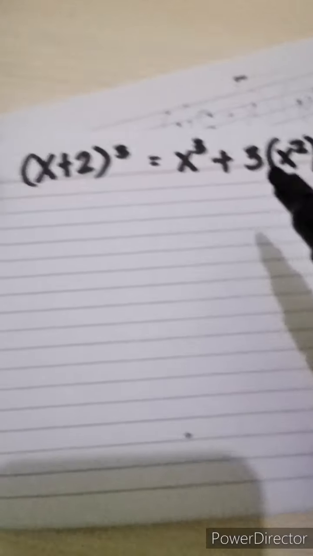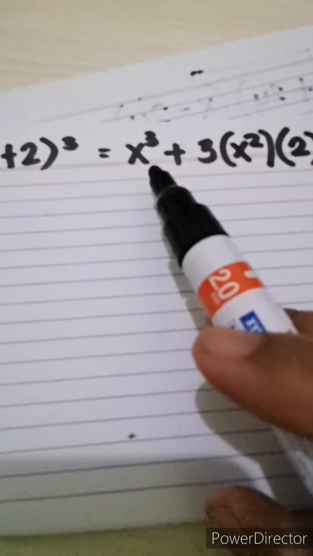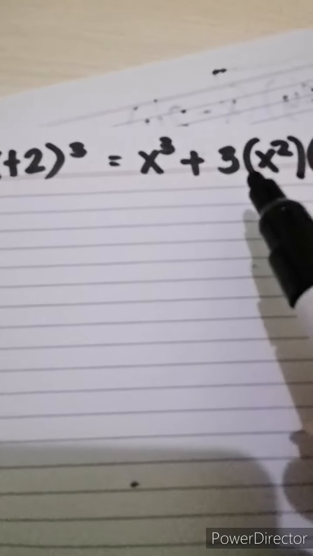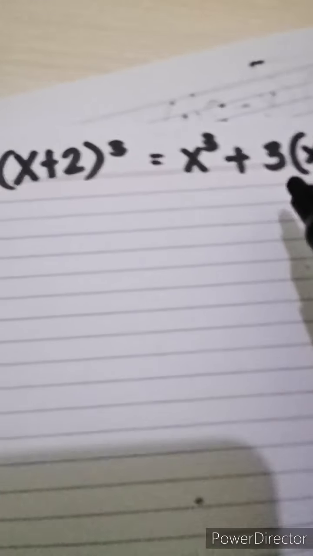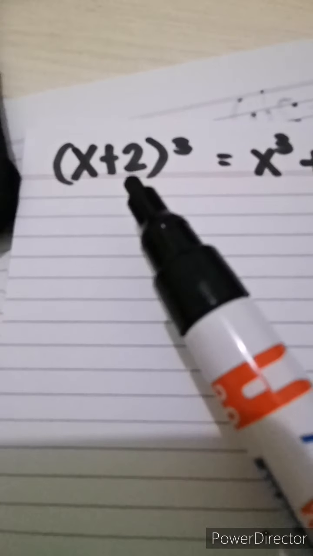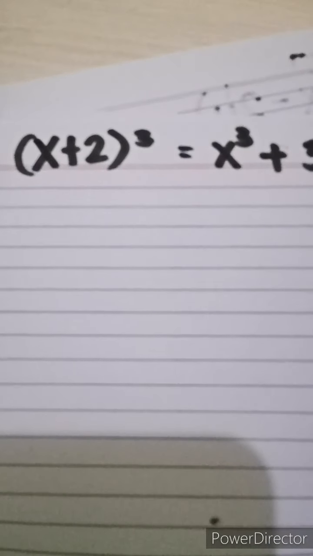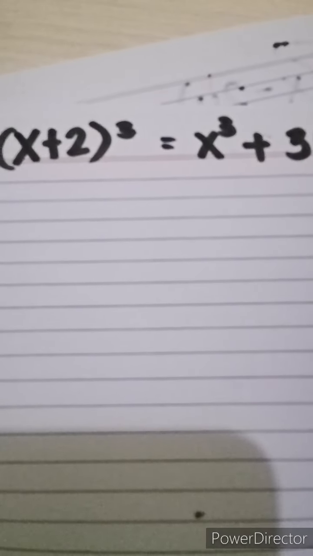Okay. Ulitin ko. First, cube the first term. Ang first term natin is x. Then, plus 3 times the square of the first term. Ang square ng first term natin is x squared. Then, multiply by the second term.